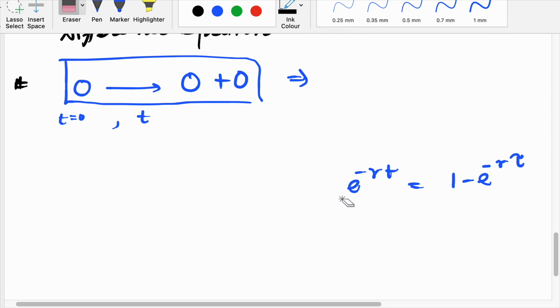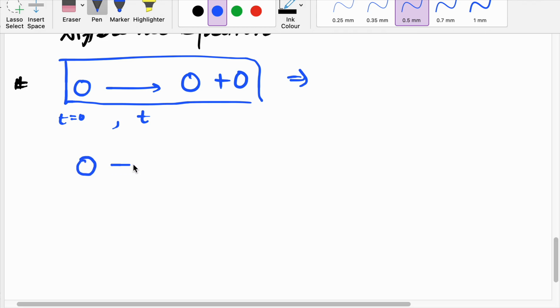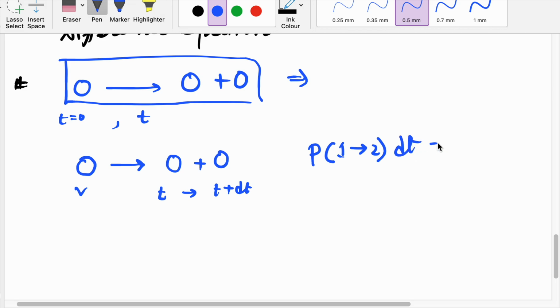Let me go through it one by one. Suppose the probability that one bacterium will divide into two, if I start from time t to t plus dt, in between this time, the probability of one bacterium becoming two is actually e to the power of some constant, there may be some normalization constant, times rt.